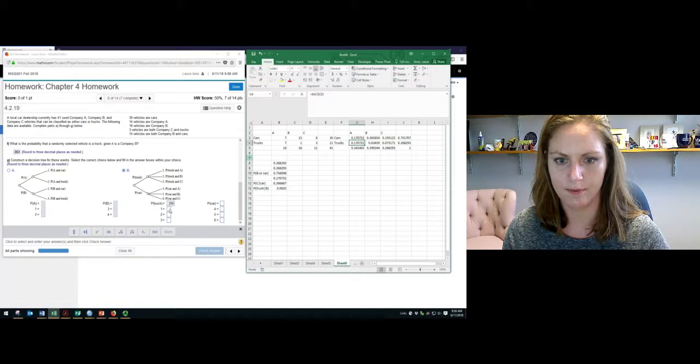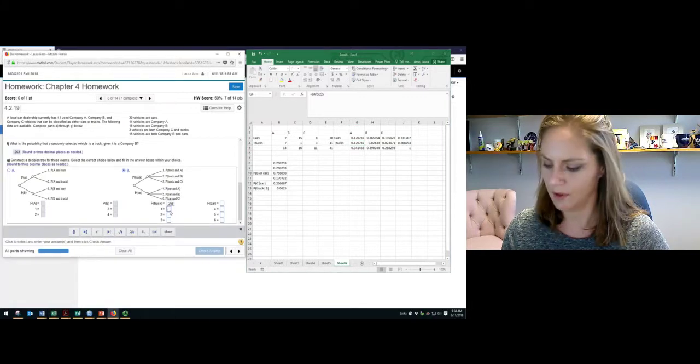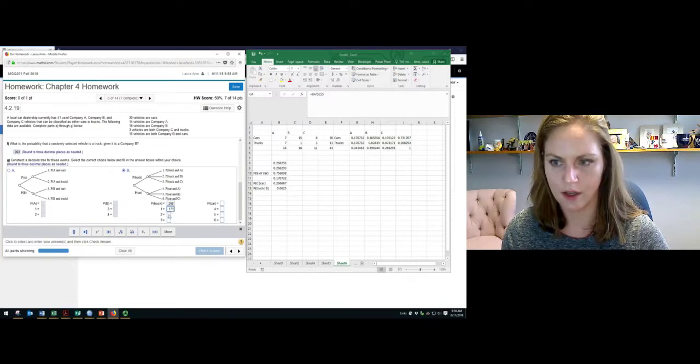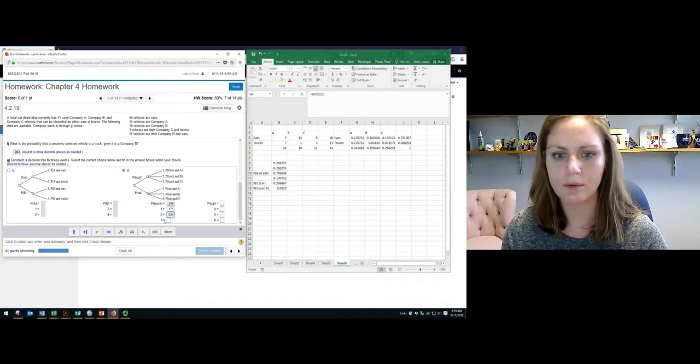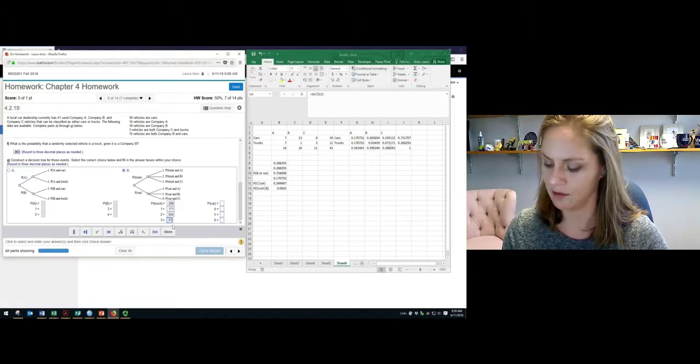It's a truck and A: 0.171, let's say. 2 is a truck and B. So truck and B is this, 0.02439, 0.024. And 3 is a truck and C. So truck and C is this, 0.073.